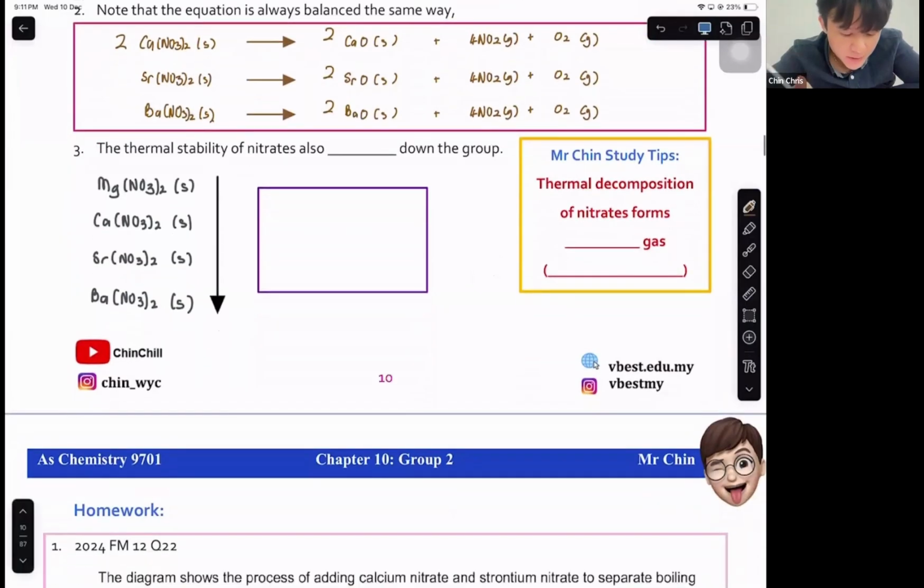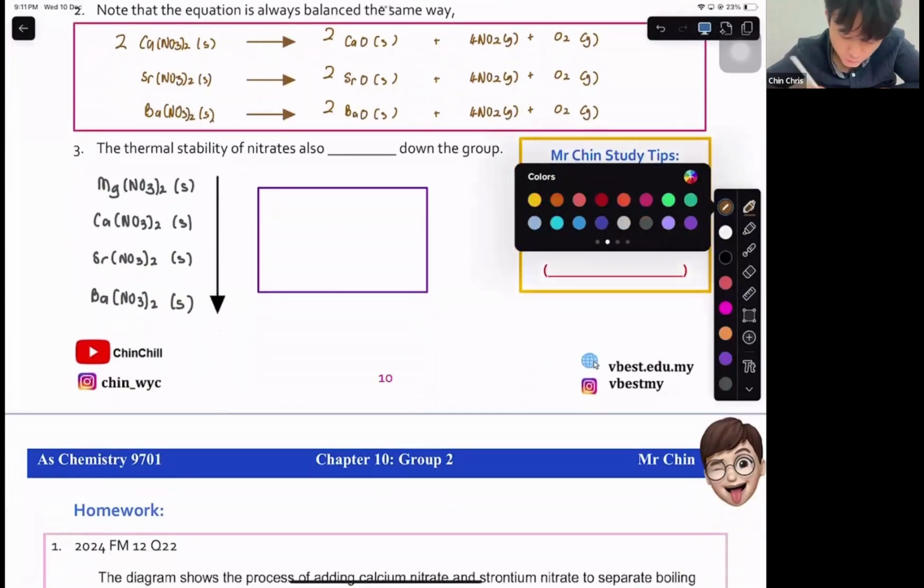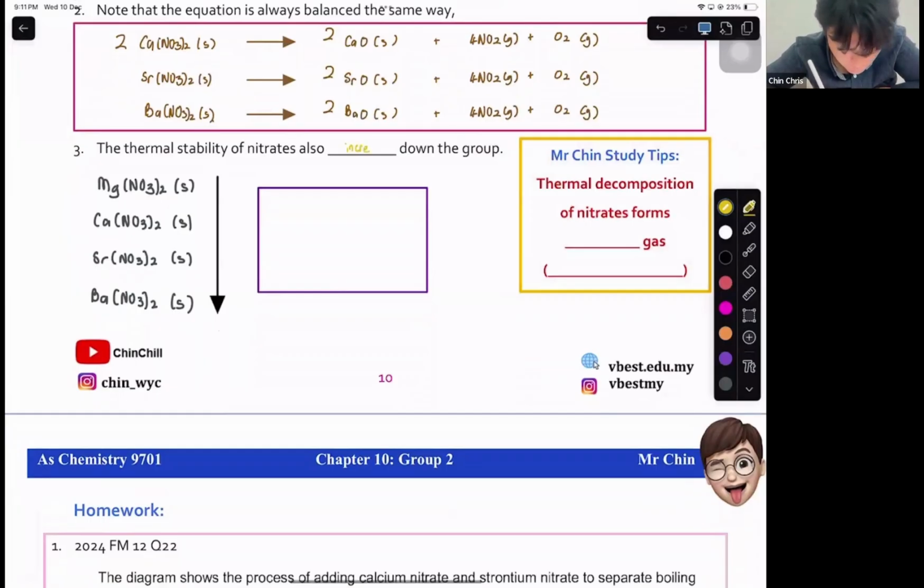Alright guys, next, the thermal stability of nitrate also increases down the group. Remember, as you go down, thermal stability increases. Why? They're going to decompose at higher temperature.